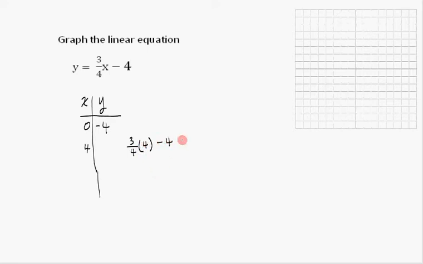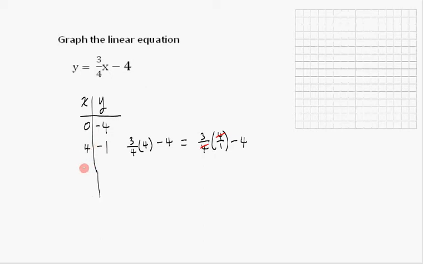Remember, this is 4 over 1, so this is really 3/4 times 4 over 1 minus 4. So the 4's cancel, and we're left with 3 minus 4, which is negative 1.